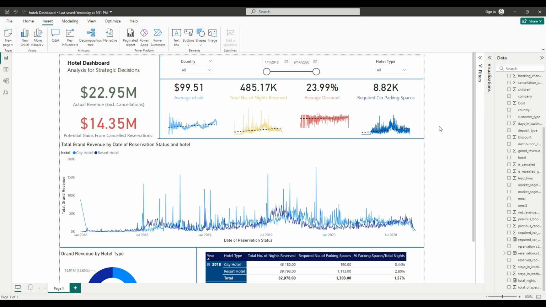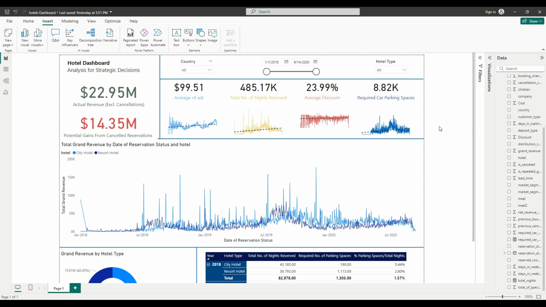So what we did here is we created this dashboard, and the first thing that the stakeholders would be interested in is possibly the revenue. But now you have to make a decision between showing them the grand revenue, which includes the canceled reservations, where actually I do not believe that the hotels got the revenue from them, and the actual revenue, which excludes cancellations.